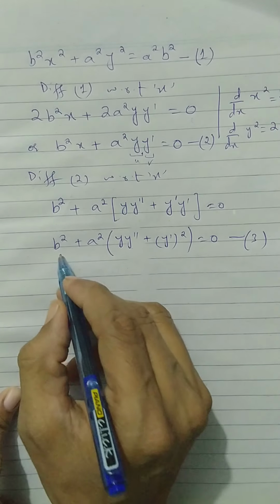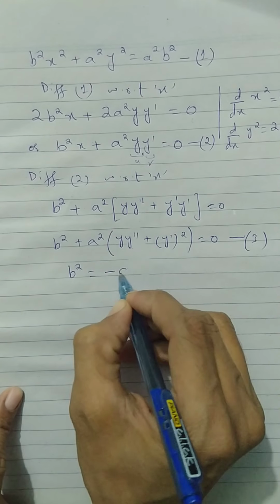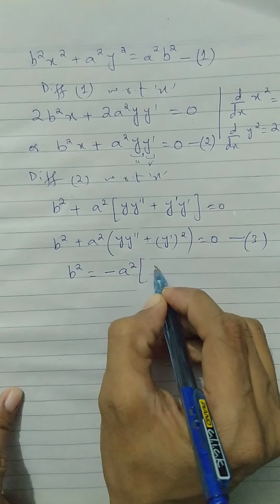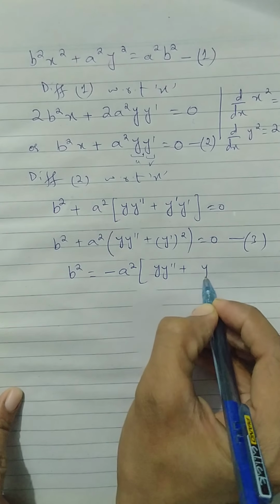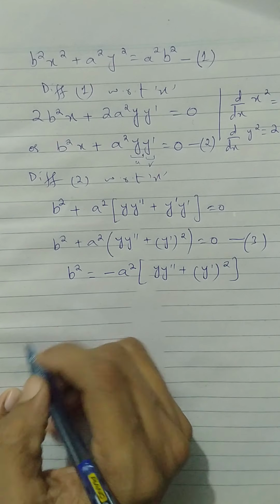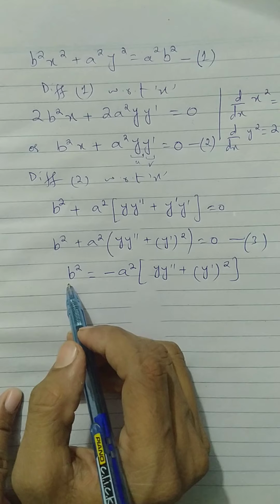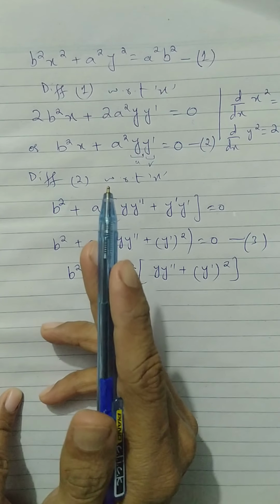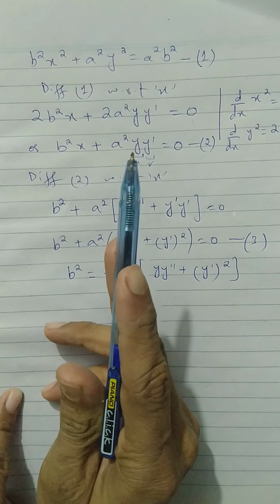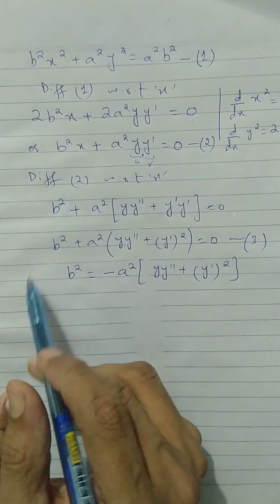From this equation, I evaluate the value of b square as minus a square into y double dash plus y dash whole square. Now we just have to substitute this b square into one of the other equations. We have a choice to substitute it in equation number 1 or in equation number 2.